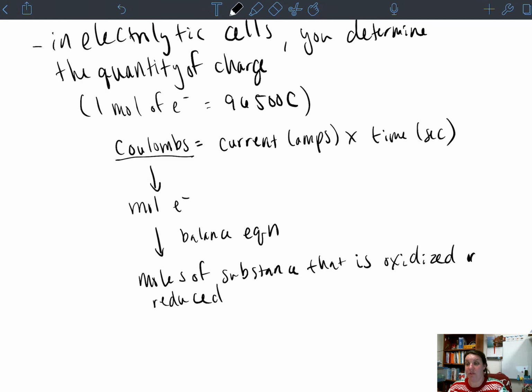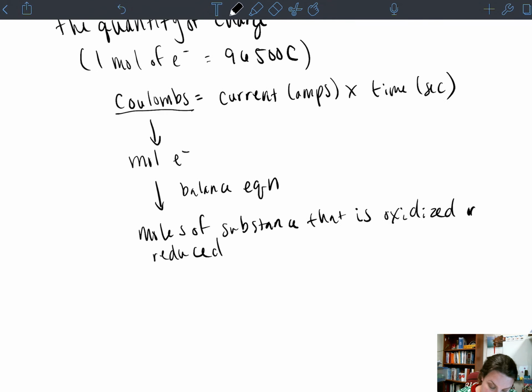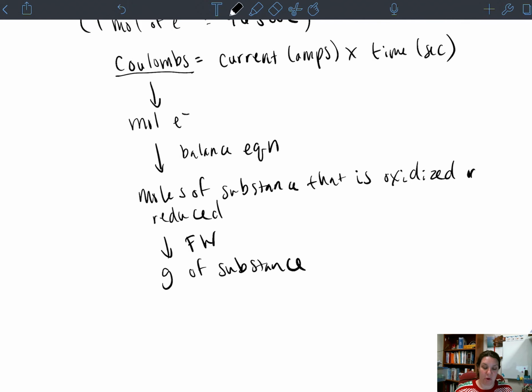You're just going to do a stoichiometry problem. And then, using your formula weight, you can determine grams of substance. So you can figure out, using how much charge you have, how much substance you can oxidize or reduce in a given amount of time. That's going to be the real calculation we're going to be doing with our electrolytic cells.